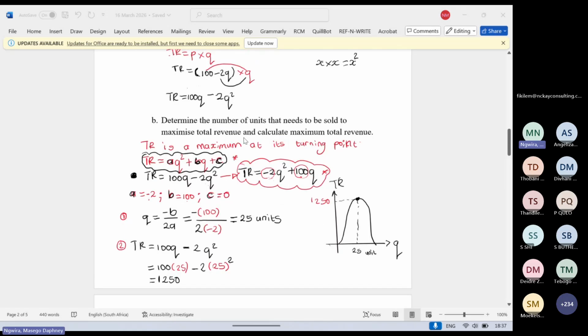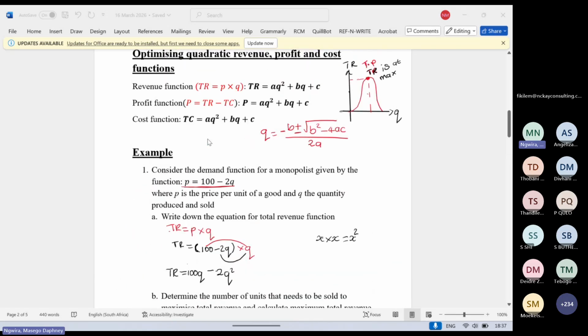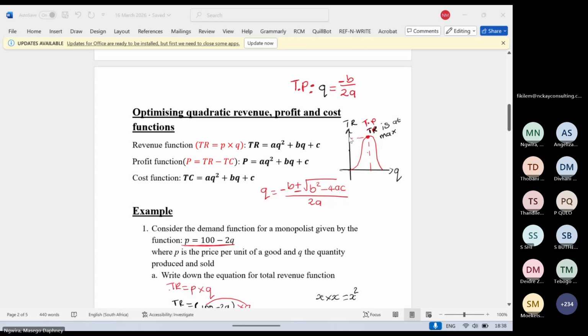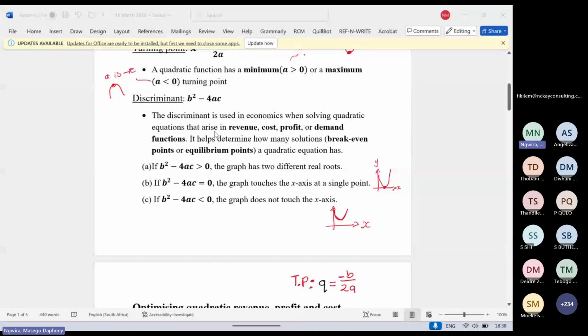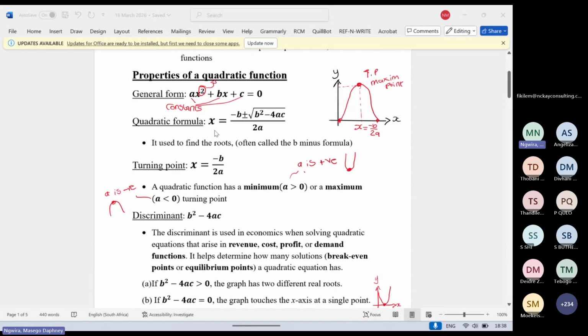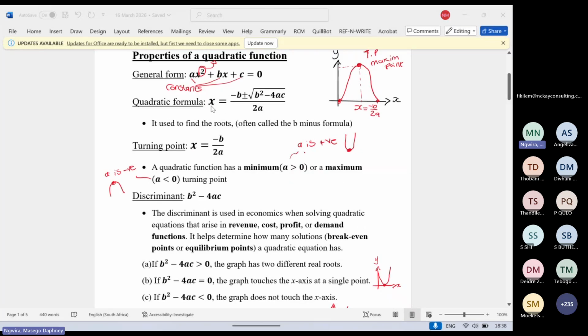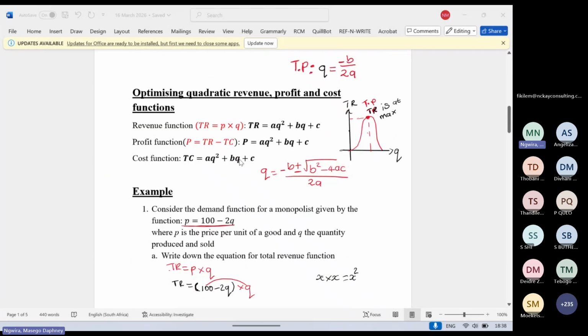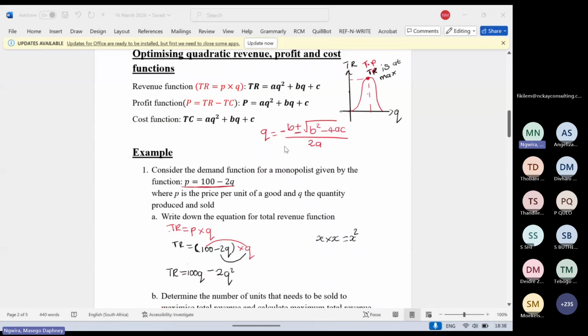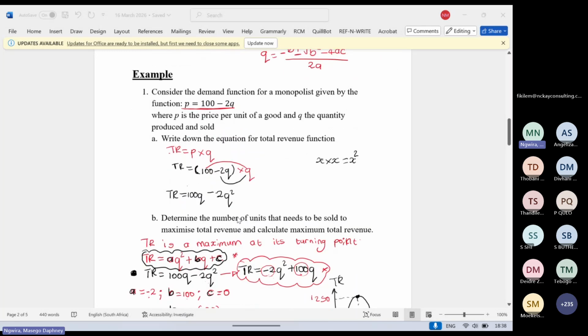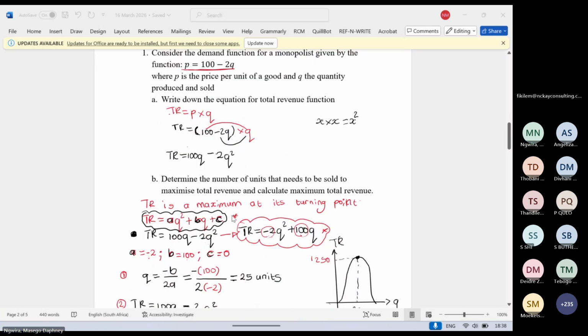My question is for Q. In what instance do we use the square root function, and in what instance do we use the one without the square root? With this one, you're going to see when I use it at the break-even point. You use the Q if you have to solve for Q and you have a Q squared.